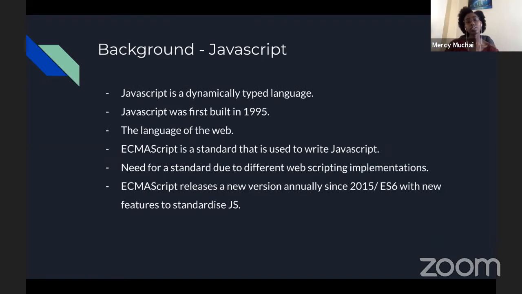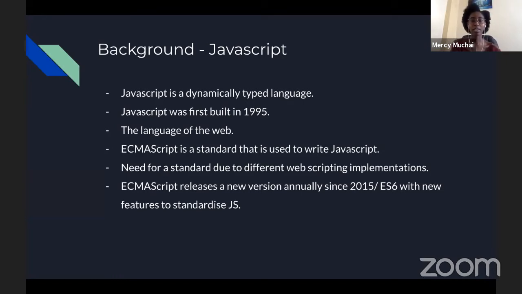Just a background on JavaScript. JavaScript, unlike TypeScript, is dynamically typed, which is what TypeScript brings to the table, the static typing versus JavaScript's dynamic typing. JavaScript was first built in '95. It's known as the language of the web.